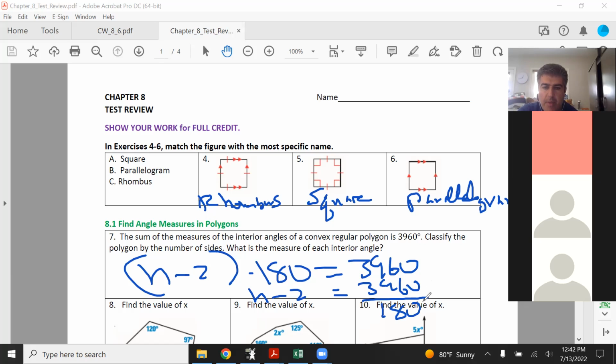So you have 3960 divided by 180. If you work that out, that would be 22. So n is going to be 24. So you have 24 sides. And then if you want to find the measure of each interior angle, you simply do 3960 divided by 24.